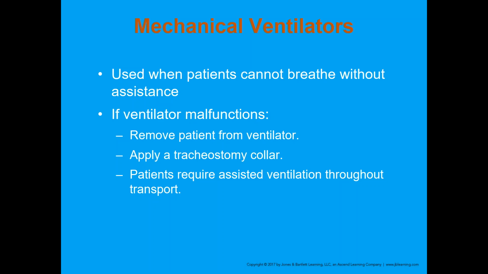Fairly simple, but it's important. Possibly a test question. So just remember, if the thing's not working and you look at them and they look like they're in distress or their heart rate's starting to go down and down and down, take them off the ventilator and bag them yourself. Then it just turns into, again, rescue breathing like we taught before.